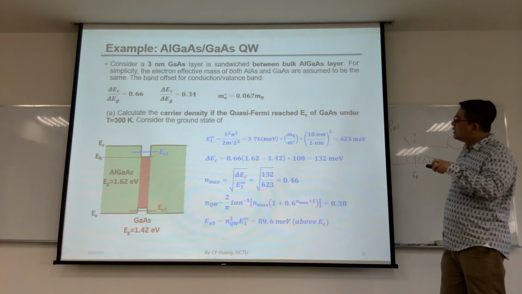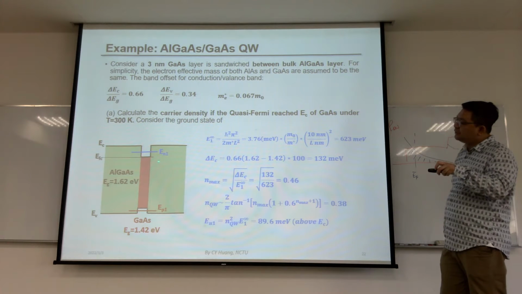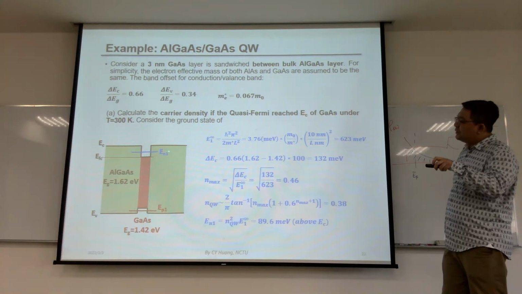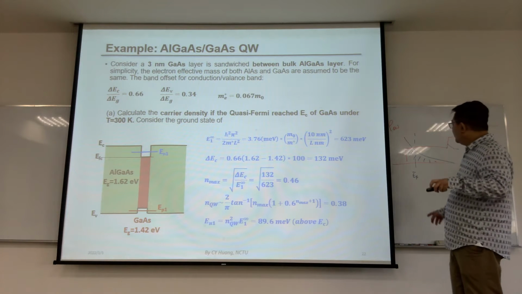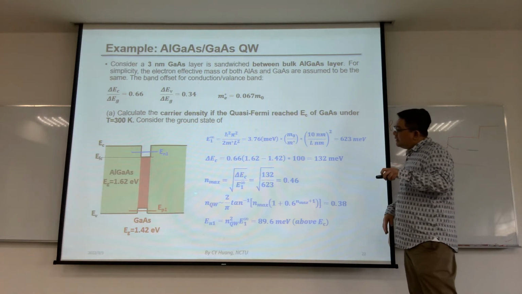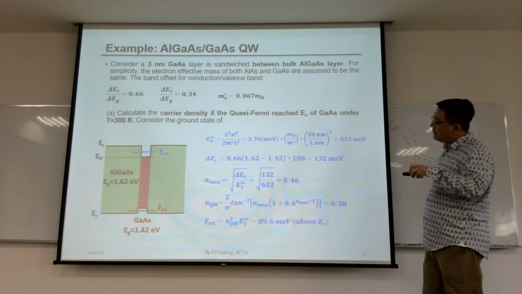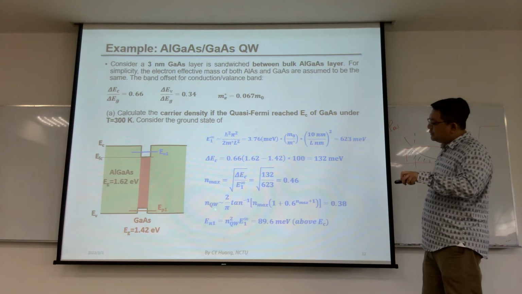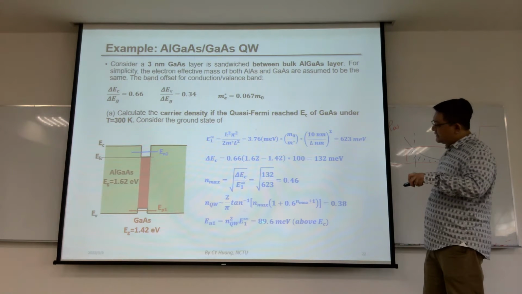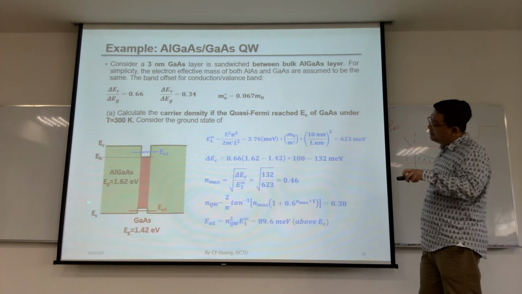Okay, so the E1 is 623 millielectron volts above EC, and so we know where the EN1 is. Then, according to the effective mass, we sequentially find the ground state is 89.6 meV above EC.